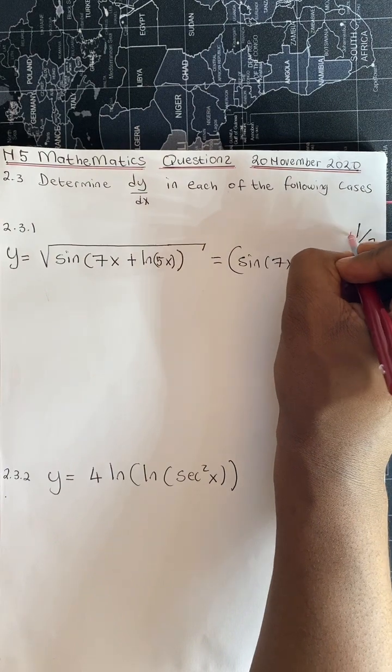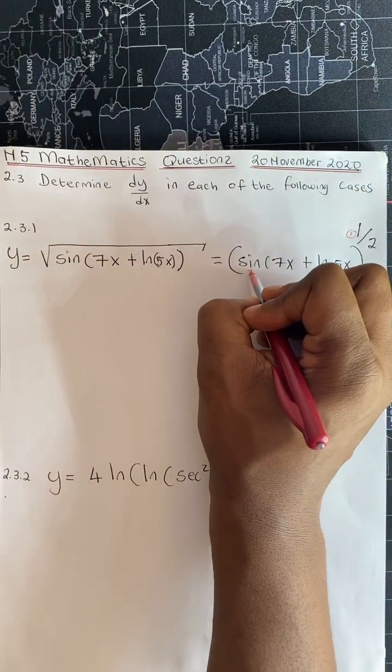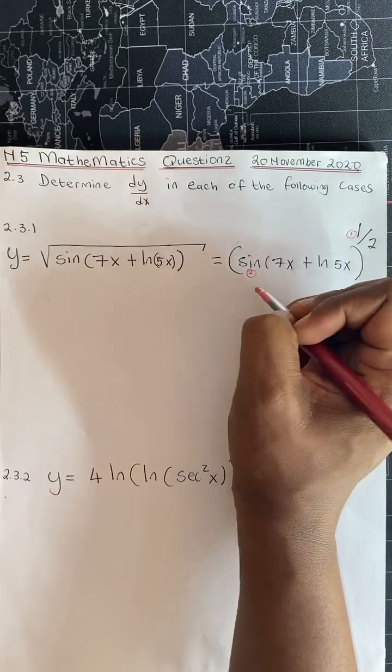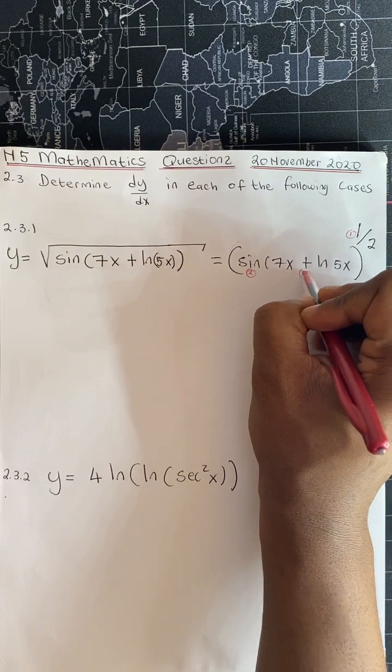First we'll differentiate the parentheses, the brackets, and secondly we'll differentiate the sine. After differentiating the sine, we will differentiate what's inside the sine.